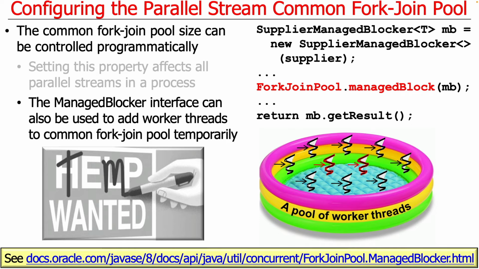So it'll expand the number of threads in the pool up to the number of blocking threads. And then after a little period of time, after those blocking threads are done, the pool will shrink back down again to the default size, which again is number of cores minus 1. So it'll temporarily add these additional threads.